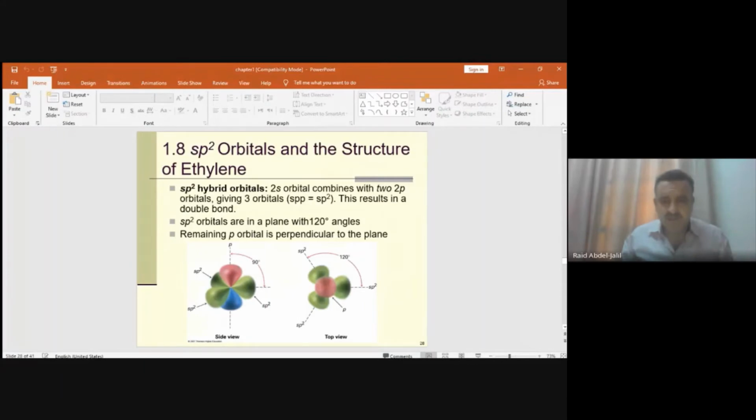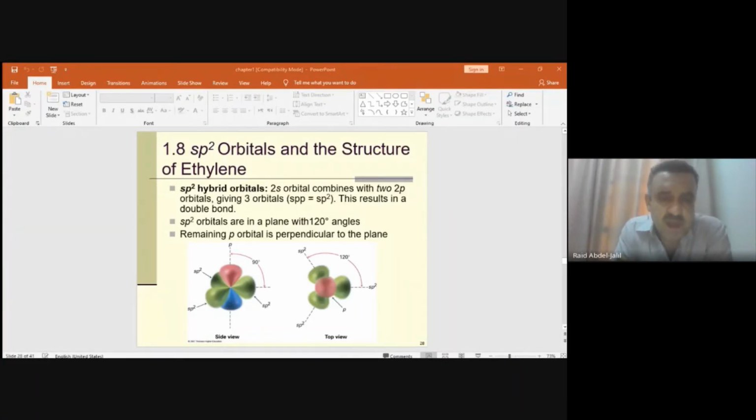Now let's simply discuss the bonding. Actually, it's not a discussion but rather a revision. This is what you have studied, or what you're supposed to have studied, in General Chemistry 2101. That's the orbital bonding of an example of this type of compounds, which we call ethylene, or ethene when we deal with IUPAC nomenclature.